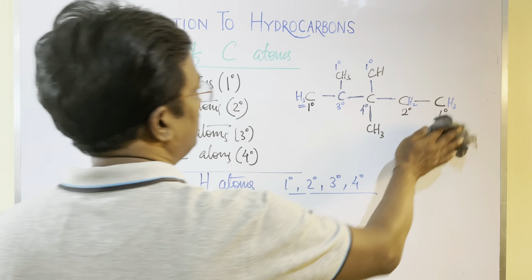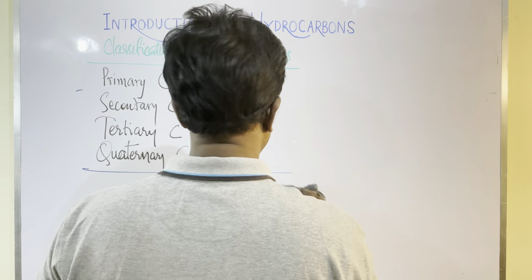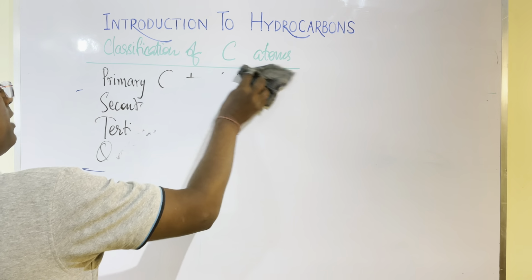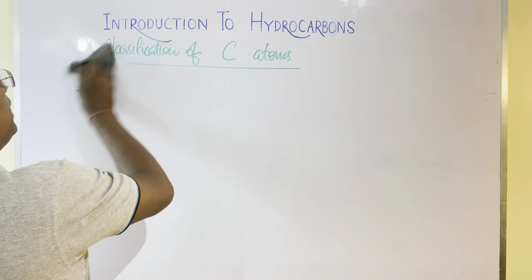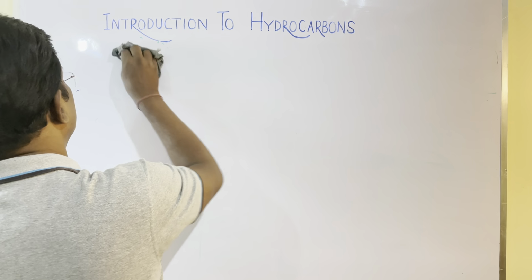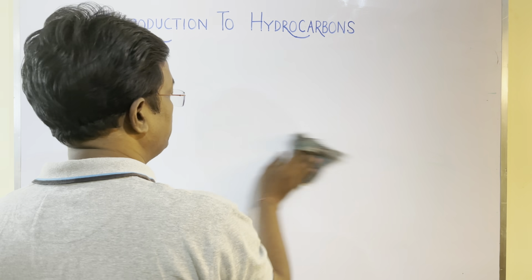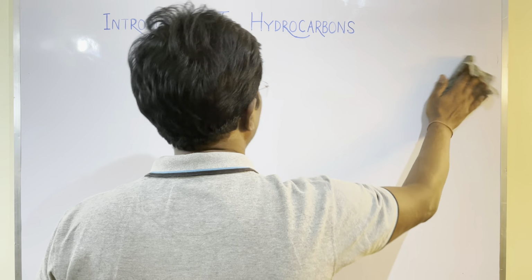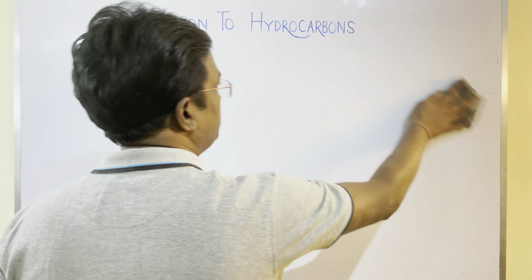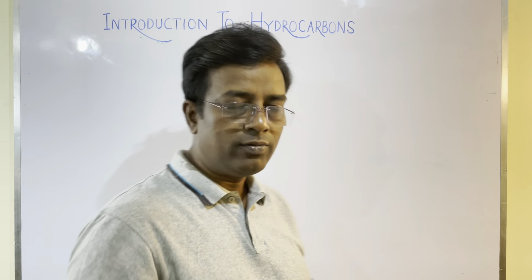Now, for alkanes, the higher members of the alkane series have isomers. What are isomers? Yes, you know, isomers of a particular compound are represented by the same general formula, but they have different structural formulas. That is, they are represented by different structures, but having the same chemical formula.